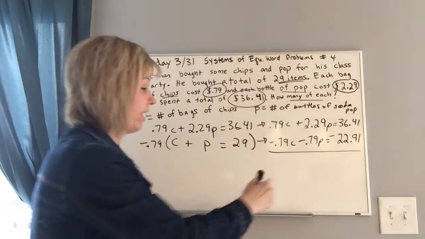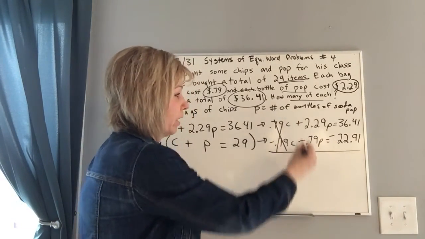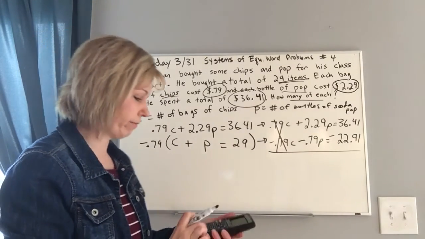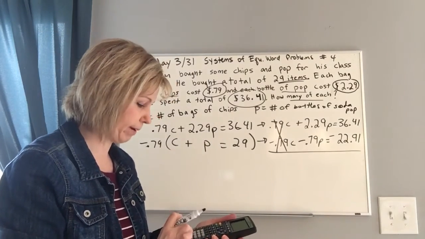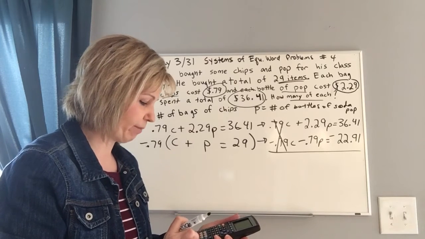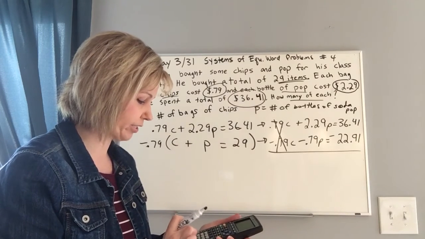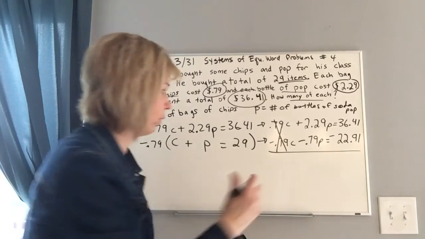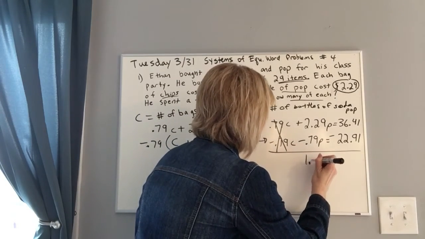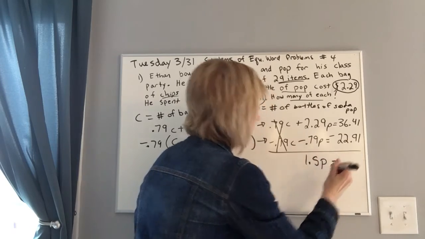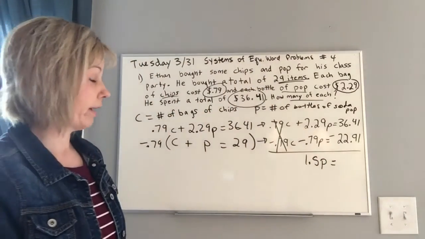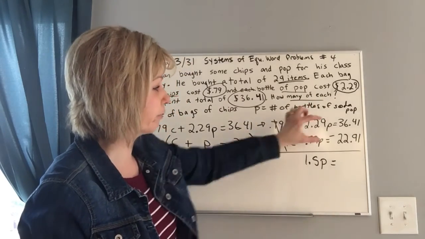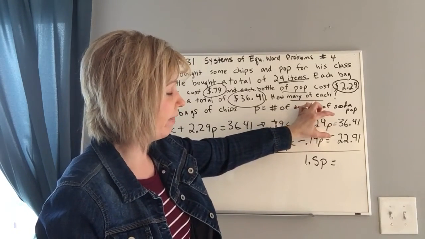So once we get this, these cancel. All right, 2.29 minus 0.79 should be 1.5, but because I feel like I've already messed up once, I'm gonna quickly double check this. Yep, 1.5P. Now we've got a difference, we gotta subtract them. 36.41 minus 22.91.